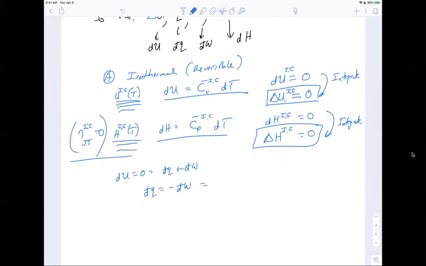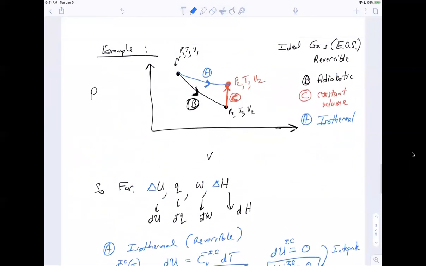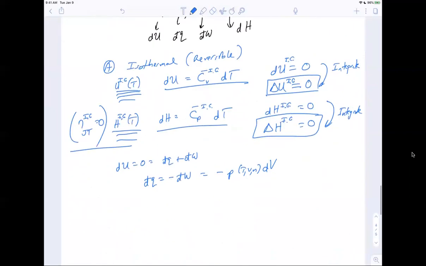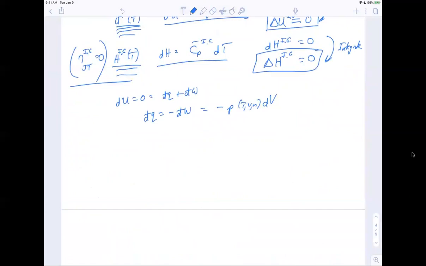But we know what that is because that's just going to be that, because it's reversible. Remember, we said this is reversible. Everything here is reversible. Oops. So that's pretty simple. And so dq, which is equal to minus dw.